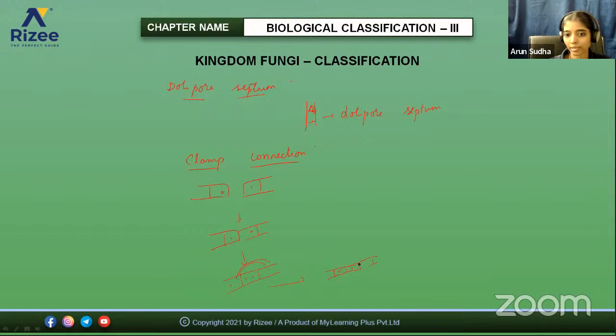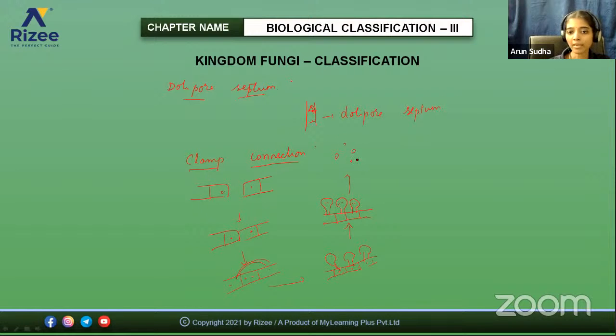So this binucleated structure forms a basidium. Then the nuclei move into these structures, and then they undergo meiosis and release spores.